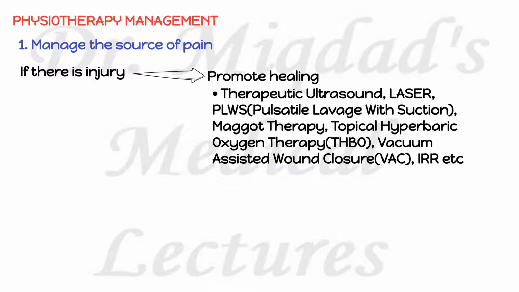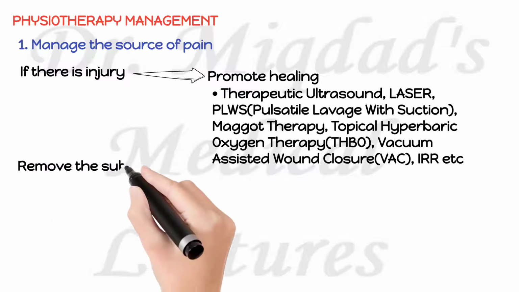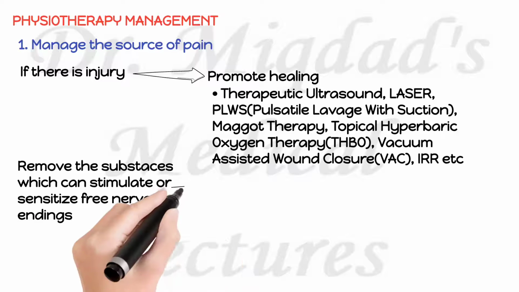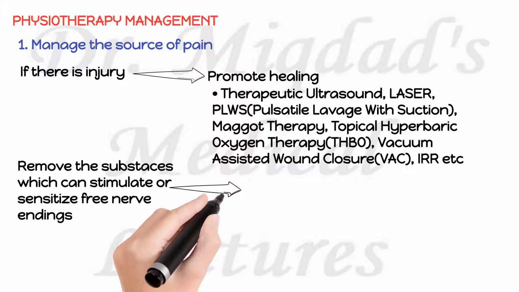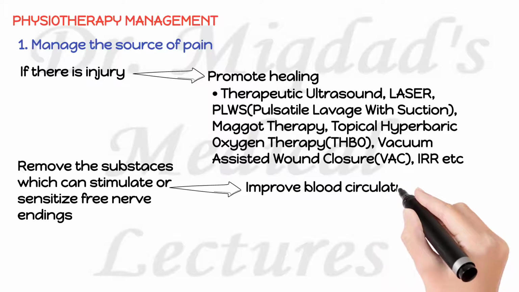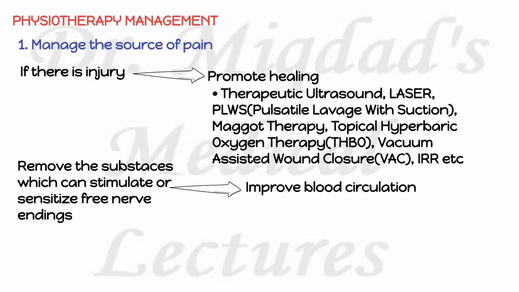Now, next thing we can do is to reduce the pain. We can remove the substances which can stimulate or sensitize the free nerve endings. So how can we remove these substances? Most simple thing is to improve the blood circulation, which in turn drains these substances.